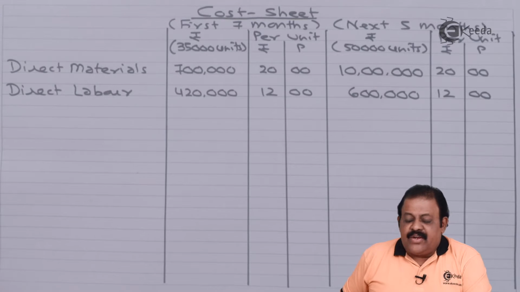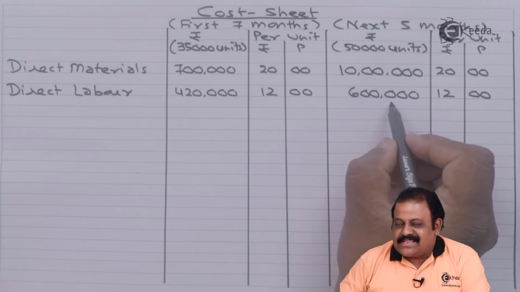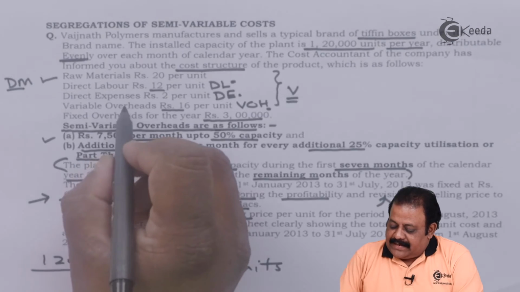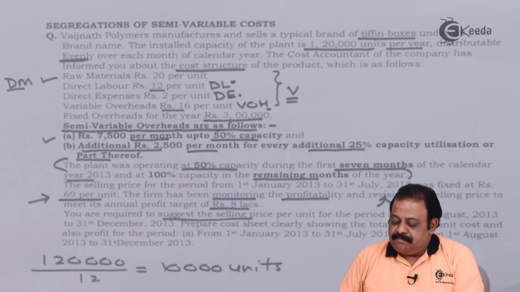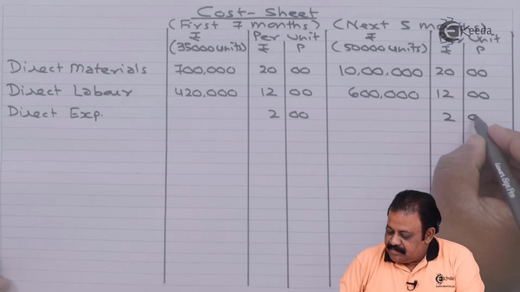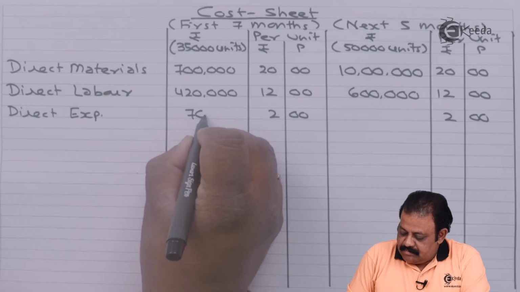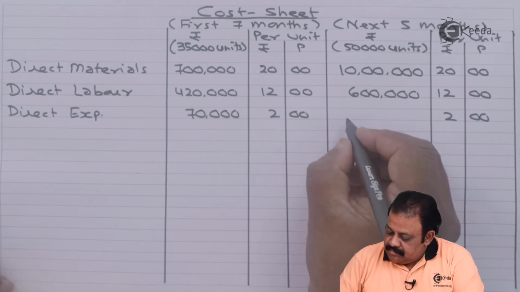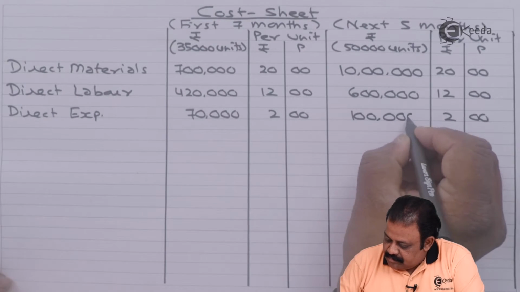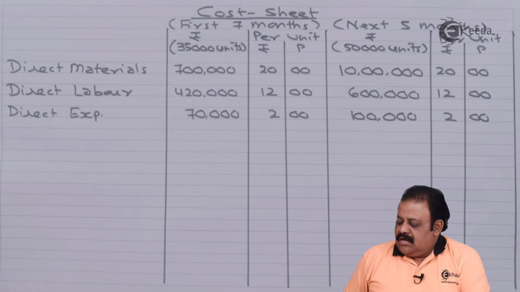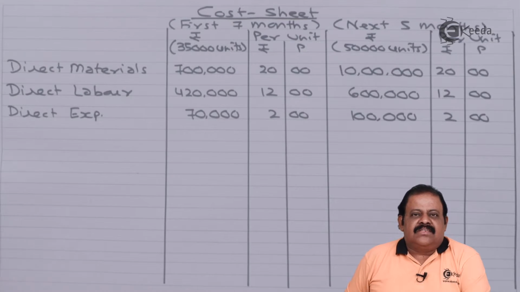During the next 5 months it will be 6 lakhs. Direct expense is rupees 2 per unit. It will be 70,000 for the first 7 months and rupees 1 lakh for the next 5 months.